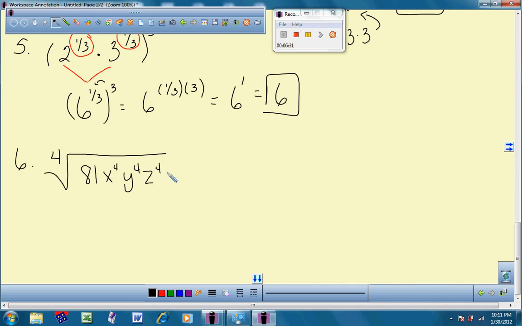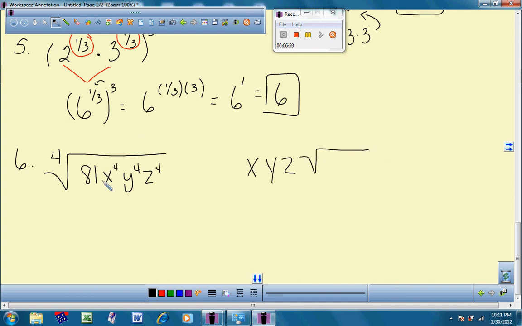One of the things I told you to look for is to see if the exponents in your radicand can be divided by the index. In this case, they can. 4 can be divided by 4 one time for each of x, y, and z. So that means I can pull out an x, a y, and a z from the radicand.